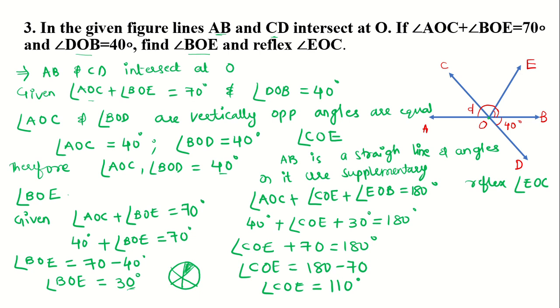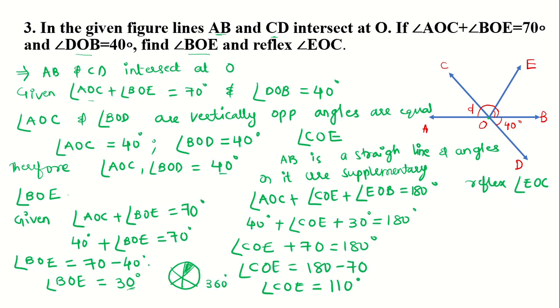Now, if we want to measure this, how will you measure it? The reflex angle is the rest of the pizza, after one slice has been removed. So, to calculate the reflex angle, the total angle in a full circle is 360 degrees.